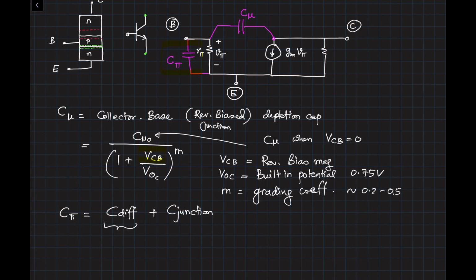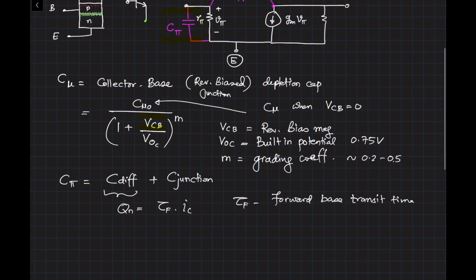For an NPN transistor, Qn is given by tau f times IC. Tau f is the forward base transit time. Intuitively, it's the travel time of electrons to go through the base, which is in the range of maybe 10 to 100 picoseconds. Now the diffusion capacitance, C diff, is given by del Qn by del VBE, which is tau f times dIC by dVBE.